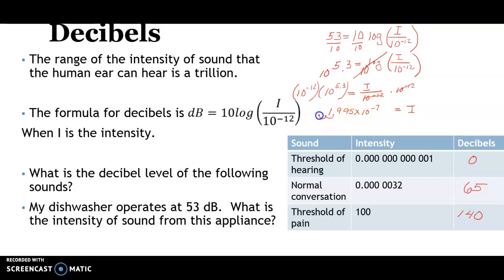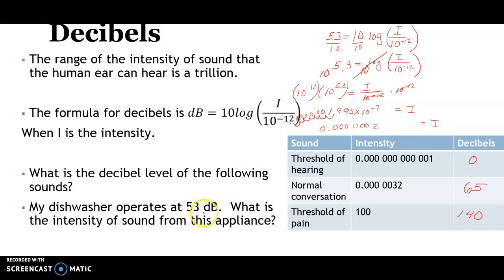So 1, 2, 3, 4, 5, 6, 7. 6 zeros. So my intensity is equal to 0.0000002.